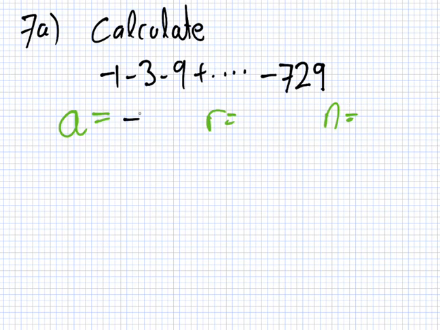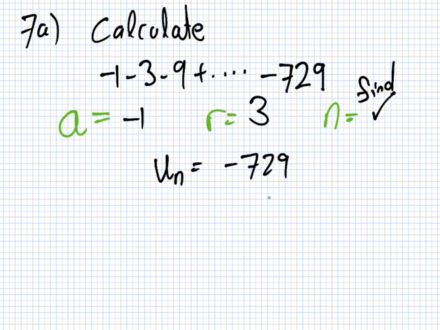Minus 1. The OR? 3. The N? Unknown, but we could find it. Now does anybody have any ideas on how we could find the N? You might have done something similar in AP. Not as complicated as that actually, something a little simpler. Any ideas? No? We make un equal to the last term, and then this allows us to find n.